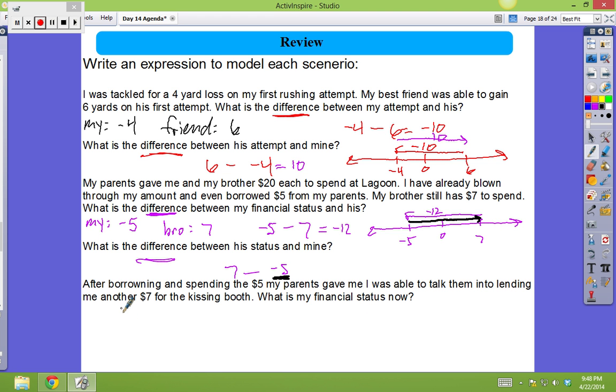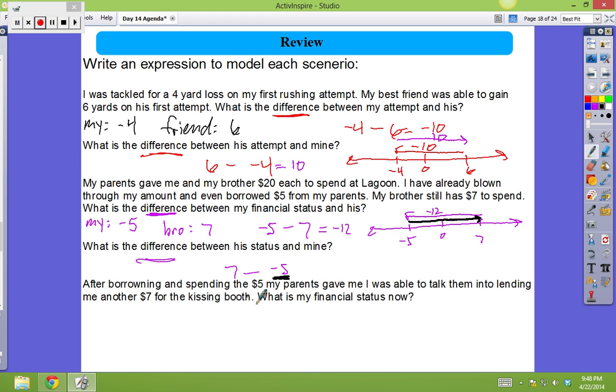Okay, now the bottom one. After borrowing and spending the $5 my parents gave me, I was able to talk them into lending me another $7 for the kissing booth. What is my financial status now? This problem's a little bit different, because it's not a compare problem. It's kind of a join problem.